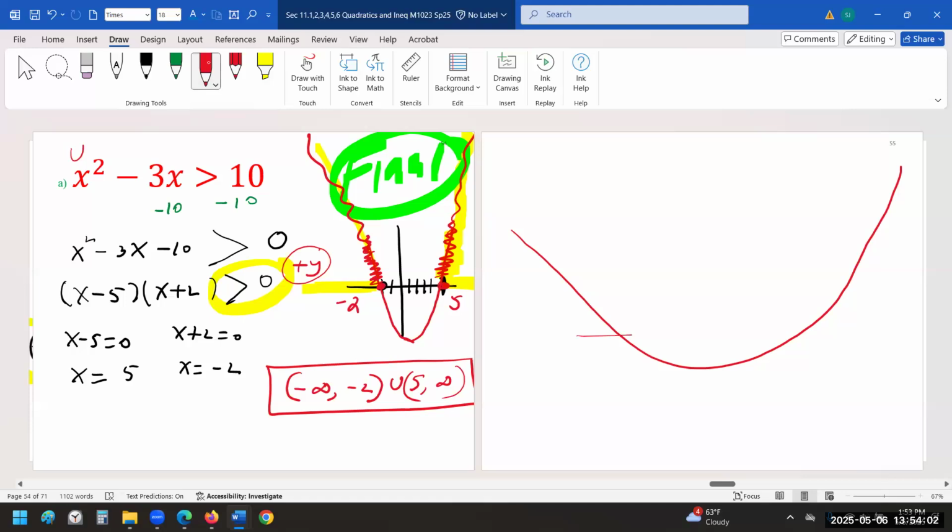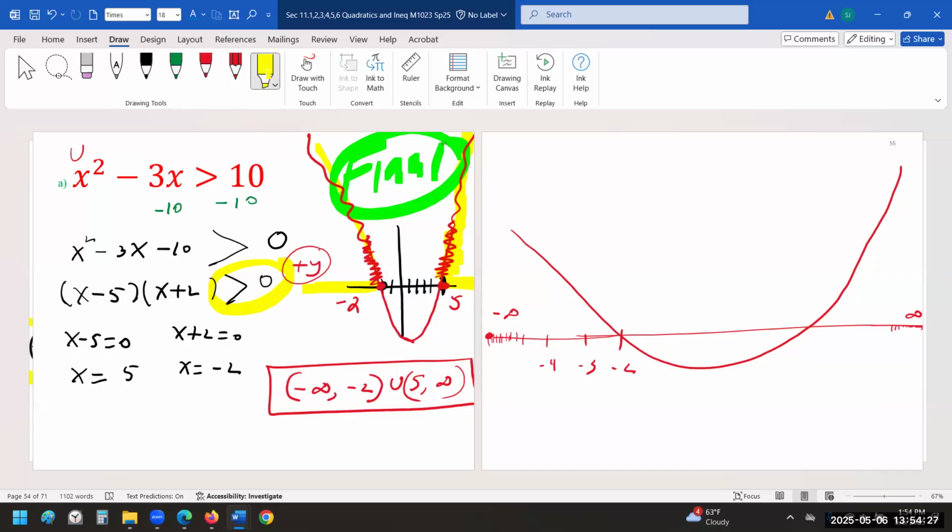Here we have negative 2, here we have negative 3, negative 4. If you keep going on and on forever, what will be the smallest number you have here? Negative infinity. Positive infinity is on this side, and negative infinity is on the left side.